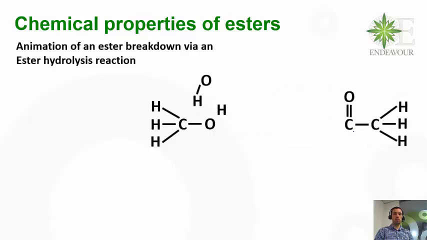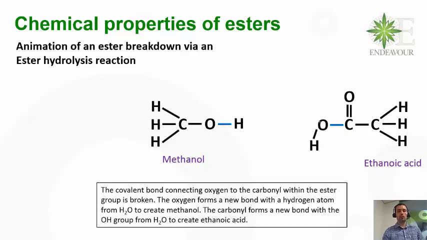And after that occurs, the water molecule will actually split in two as well, and that allows the OH group to form a new bond to the carbonyl to satisfy the bonding arrangements there.